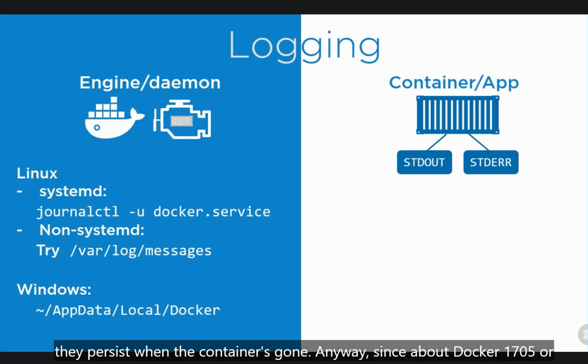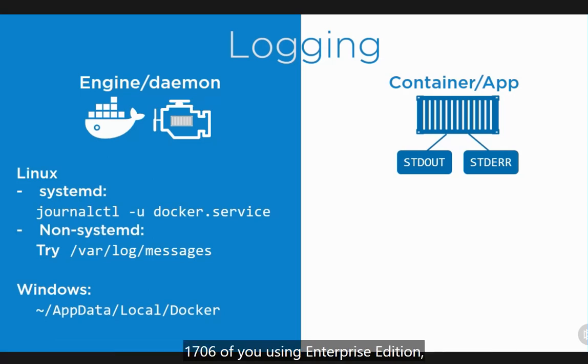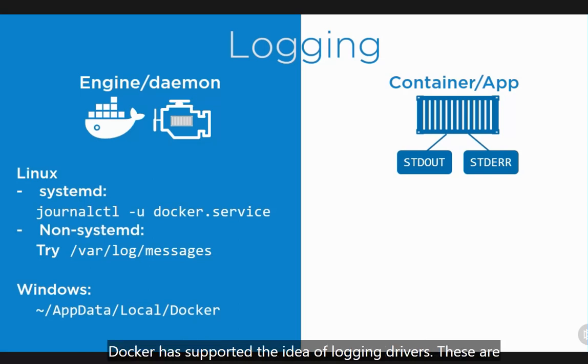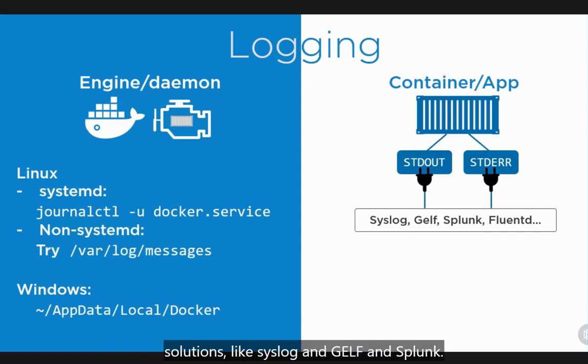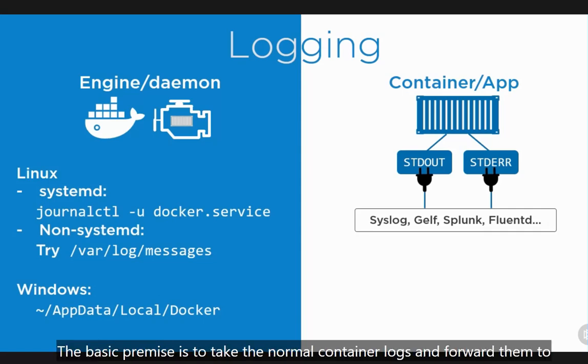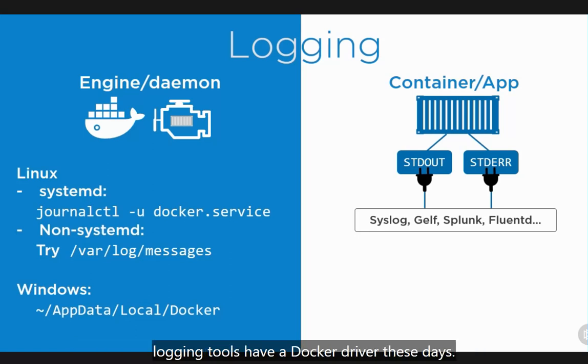Anyway, since about Docker 17.05 or 17.06 if you're using Enterprise Edition, Docker has supported the idea of logging drivers. These are plugins, right, that integrate container logging with existing logging solutions like syslog and Gelf and Splunk. The basic premise is to take the normal container logs and forward them to whatever logging solution you're already using, and most of the major logging tools have a Docker driver these days.